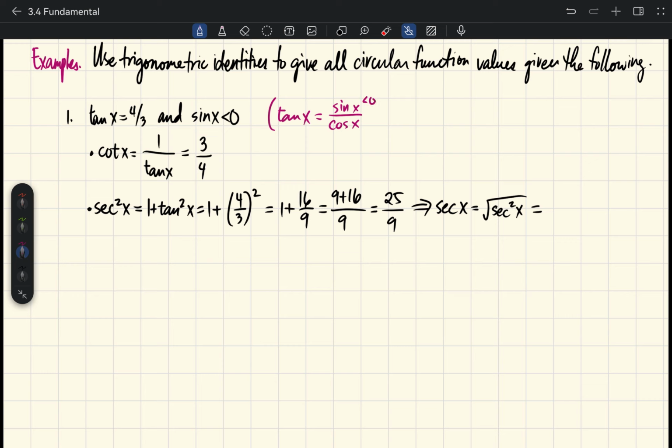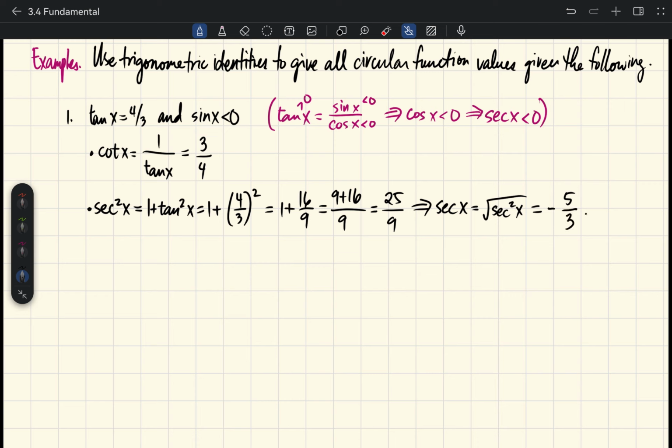And since sine x is less than 0 and tangent x is greater than 0, to get a positive number, we need cosine to be negative. And since cosine is negative, it also follows that secant x is negative. So the one that we'll be taking is the negative value. So first, the square root of 25 over 9 is just 5 over 3. But since we need secant x to be less than 0, we have here negative 5 over 3.